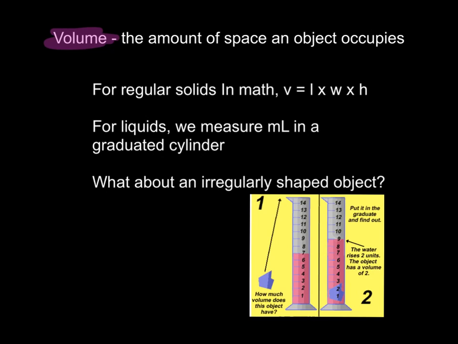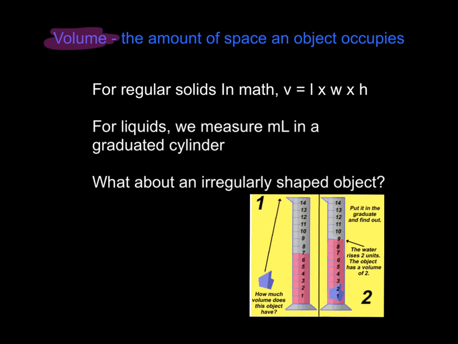In liquids, we learned through our Rainbow Lab that we use a graduated cylinder and that we measure in milliliters for liquids. But what happens when you have an irregularly shaped object?